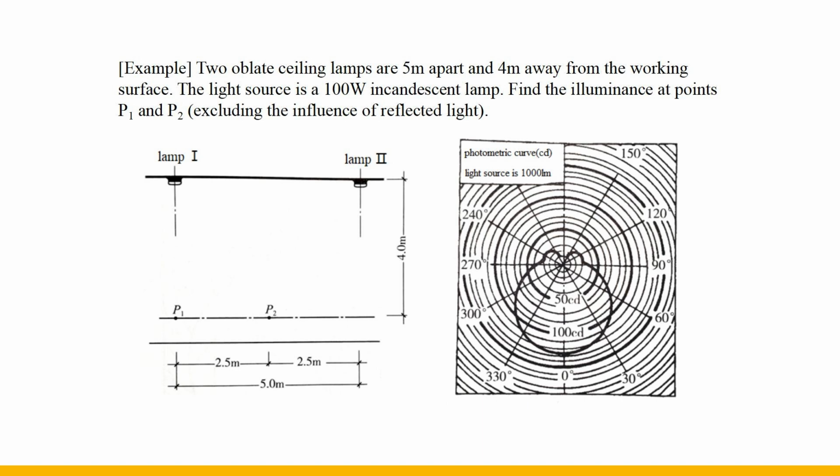Check the photometric curve from the angle I to obtain the luminous intensity, and then determine the distance R by the parallelogram theorem. Substitute the values into the relational expression to obtain the illuminance. Then find the sum of the illuminance formed by the two lamps at the same point. Finally, check the actual luminous flux according to the power of the light source and correct the result.